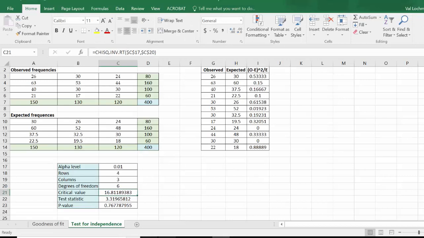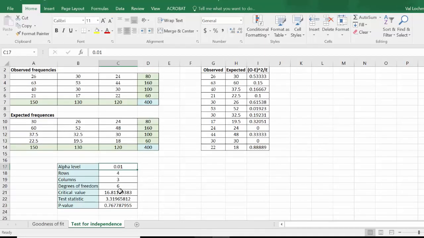You would be using 6 degrees of freedom and alpha level 0.01. So you would be looking at the table and the value in the intersection of row 6 and 0.01. Sorry about that, this is not loading.